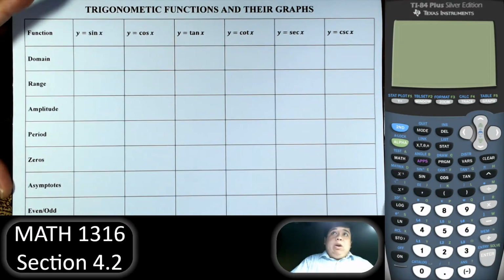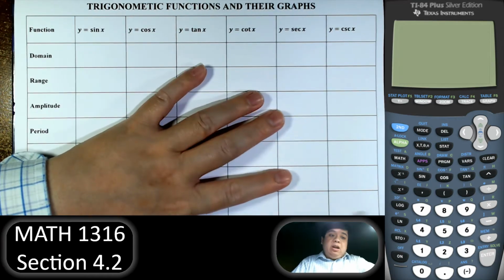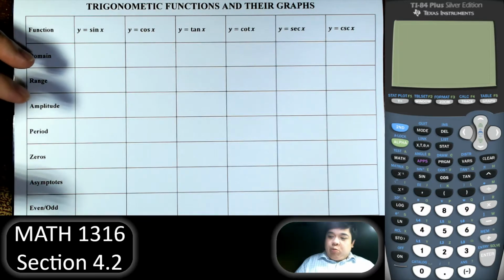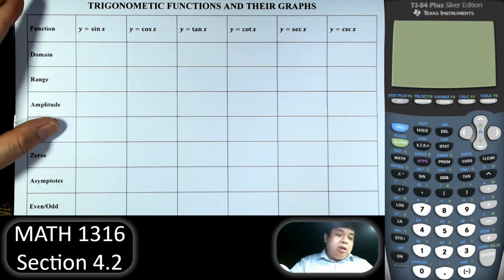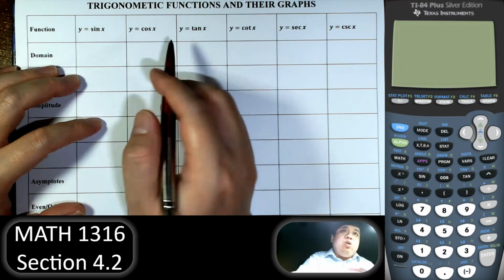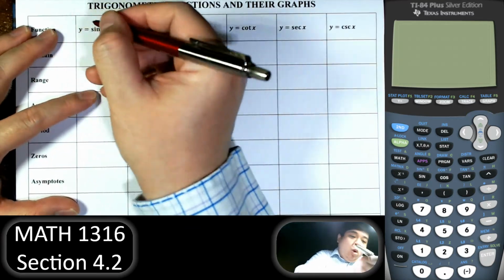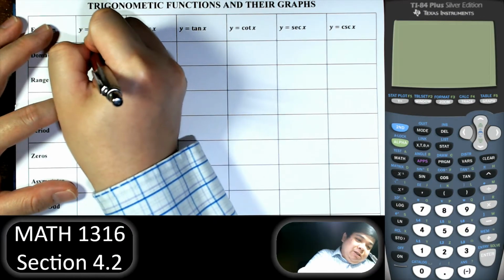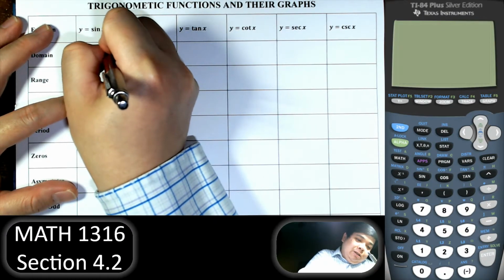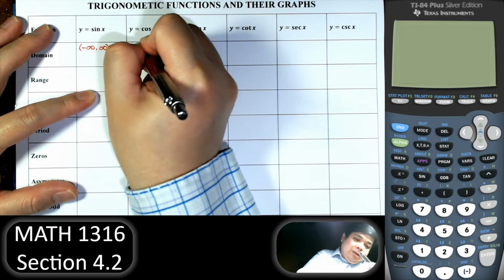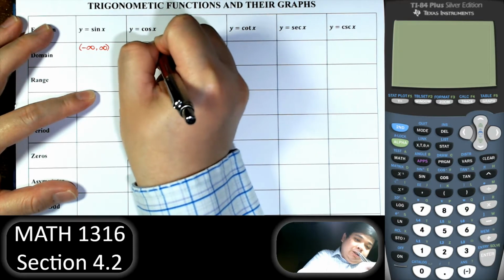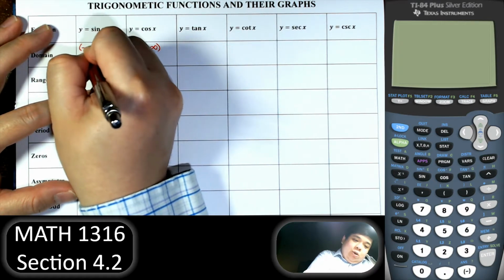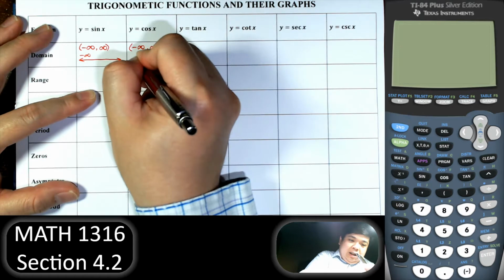So now we review all the properties and characteristics of trigonometric functions. First, the domain. By the way, it is just from the previous section, so I'm just going to write it out. The domain of sine and cosine will be the same: all real numbers, the whole number line.